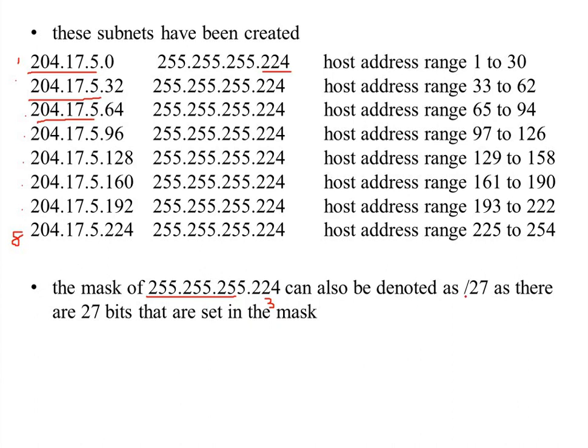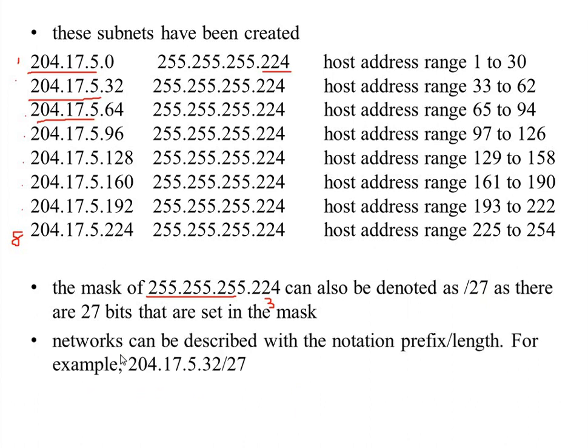So 24 plus 3 will also be denoted as slash 27. Instead of giving the mask along with this, simply the network will come like this: 204.17.5.32 slash 27, that means this is the network you have considered.